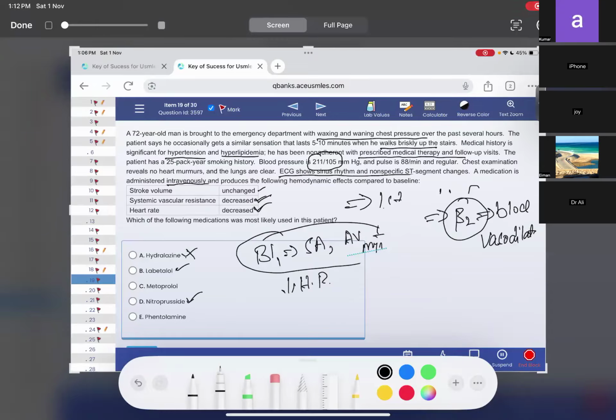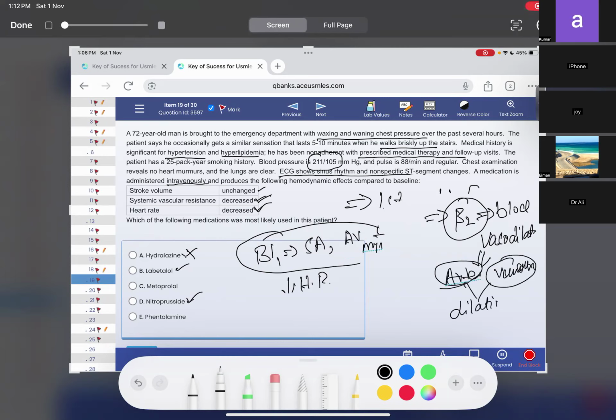So beta receptor blockade will cause peripheral vasodilation in both arteries and veins.